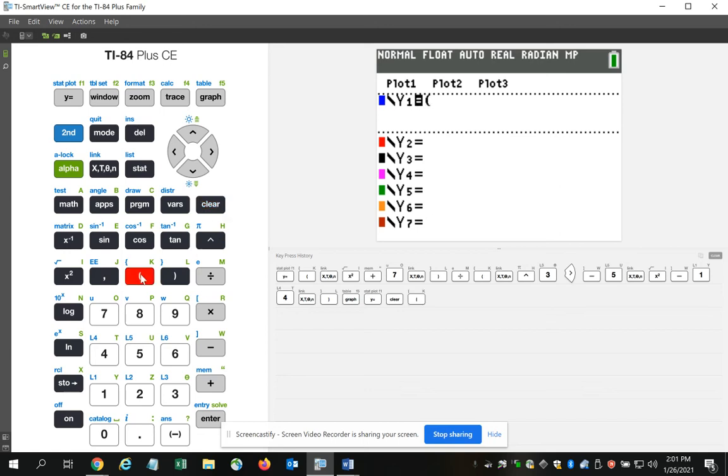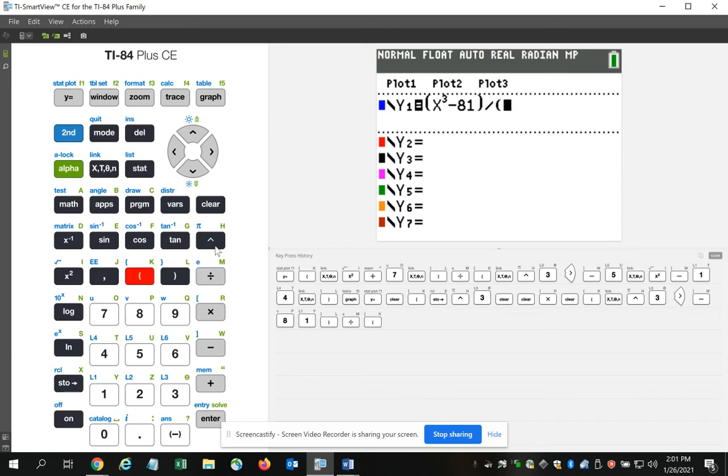You'd have parentheses, x raised to the third minus 81, close the parentheses, divide, open a second set, x raised to the third. Sorry about that, I keep hitting the wrong button.